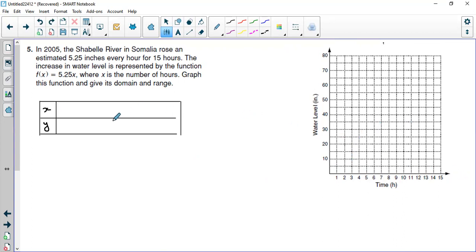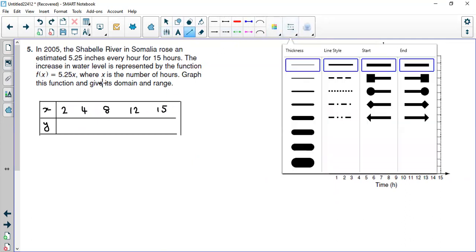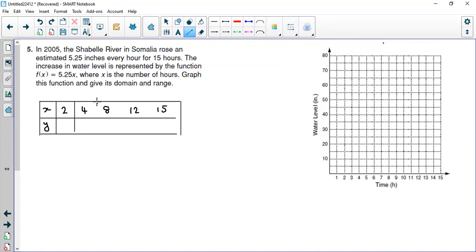So let's take 4 values, but do make sure that you choose proper numbers. So let's take a 2 and a 4 and then 8, and then 12, and then finally 15. Just separate these columns.